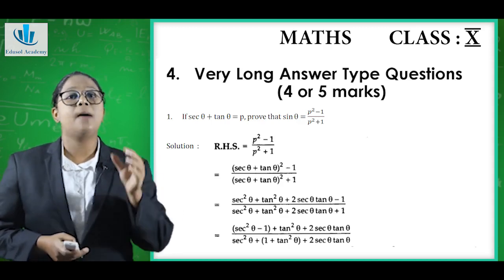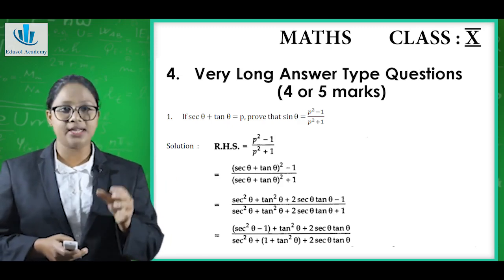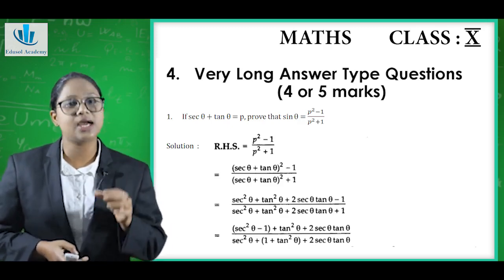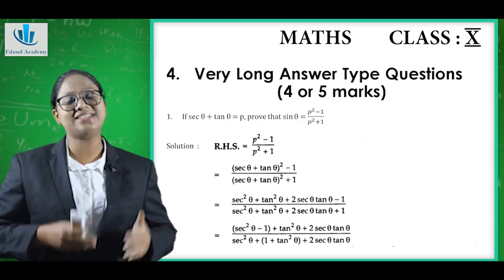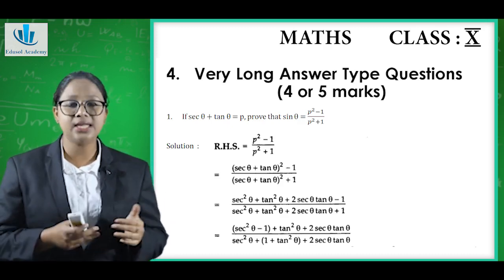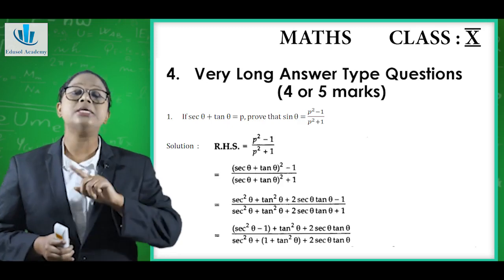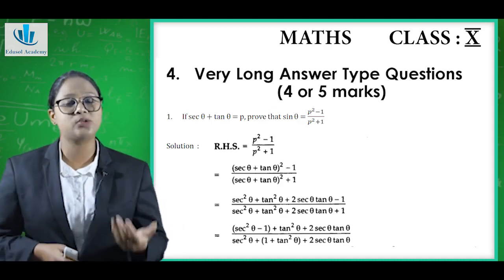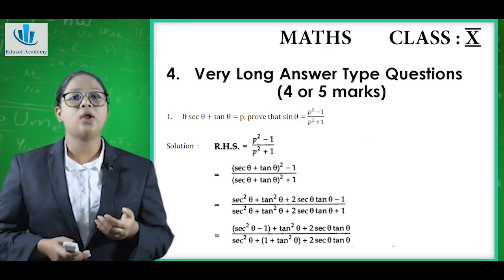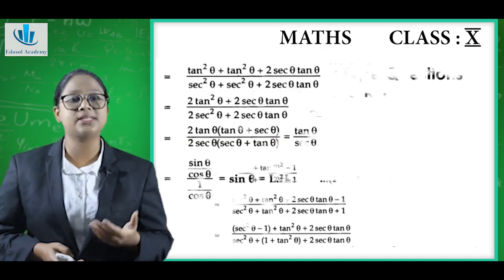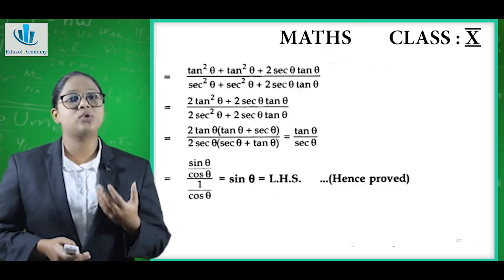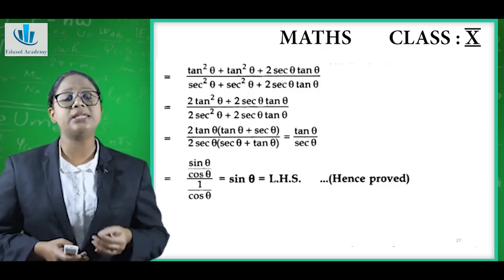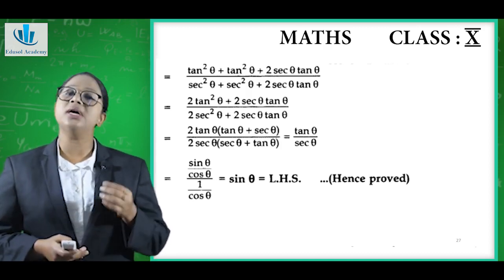So all you have to do is begin from the right hand side, (p² − 1)/(p² + 1), and put the value of p as sec θ + tan θ. Then p² will be (sec θ + tan θ) the whole squared, not sec² θ + tan² θ. So a + b whole squared will be a² + b² + 2ab, and opening the brackets and applying the cancellation techniques, we will get sin θ/cos θ divided by 1/cos θ, or tan θ/sec θ, that will be equal to sin θ.